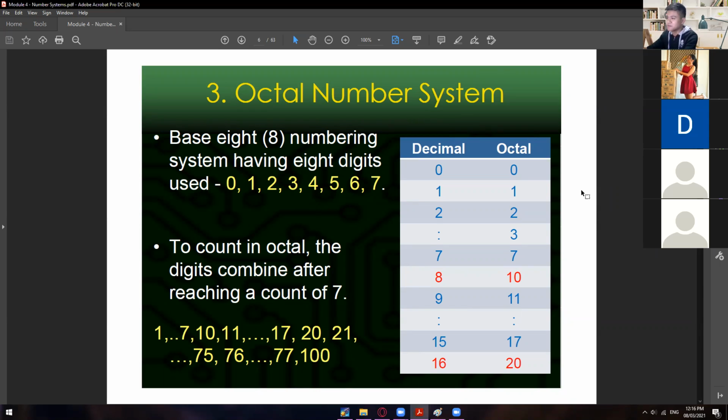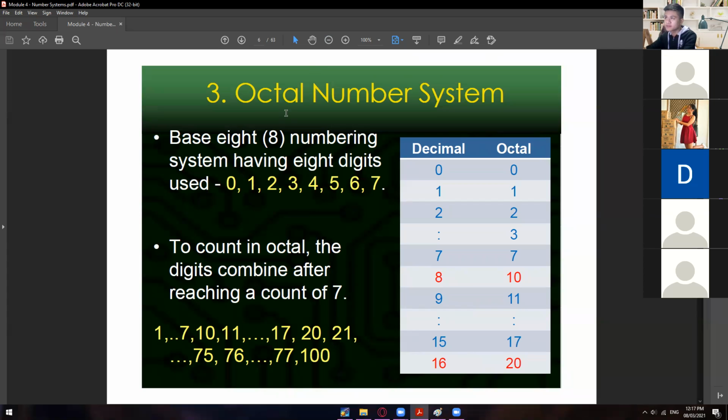Are we good so far regarding the octal number system? All right, so silence means yes, maybe.